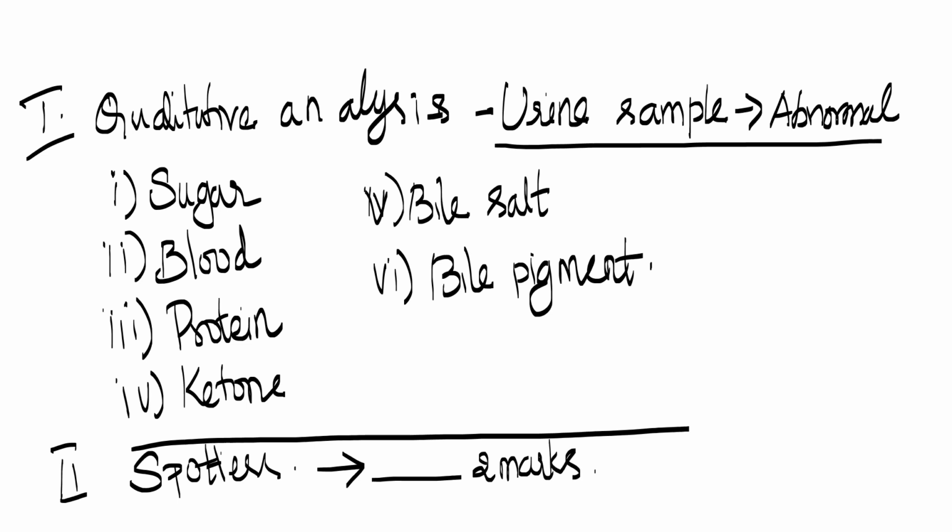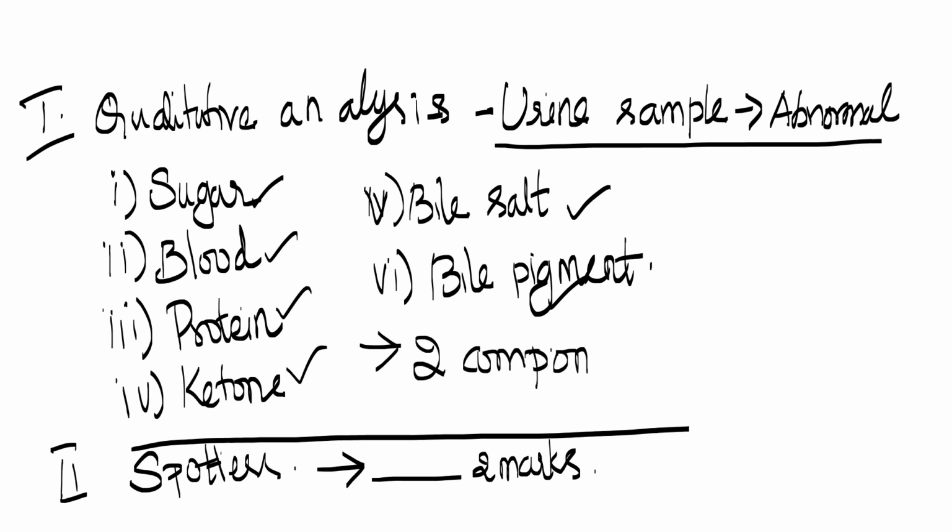Now we will see one by one how the qualitative analysis of the urine sample has to be conducted to find out whether sugar, blood, protein, ketone, bile salt or bile pigment is present. In your urine sample, two components will be given as unknowns, so you have to find out two components. Among the six, you will have positive results for any two.